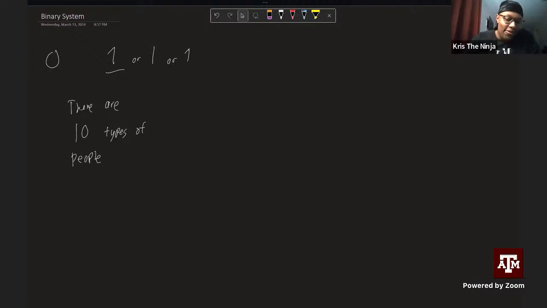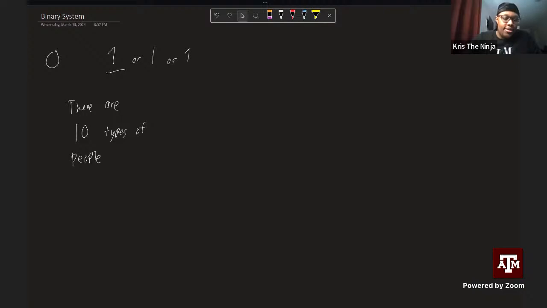It's really not that funny. Shout out Dr. Porter, the one that introduced me to it. Basically, someone who doesn't know binary would read this as there are 10 types of people.